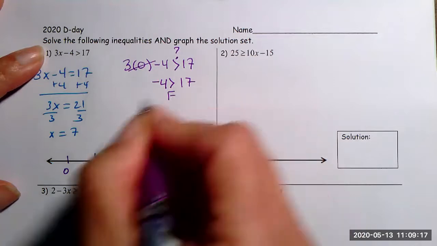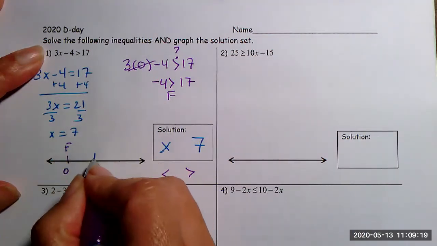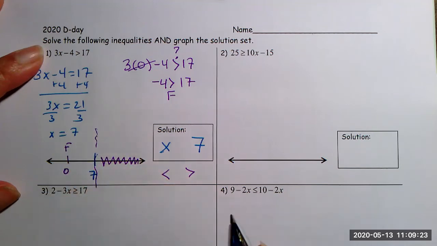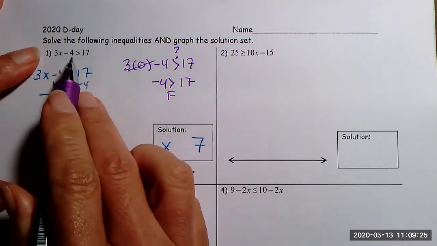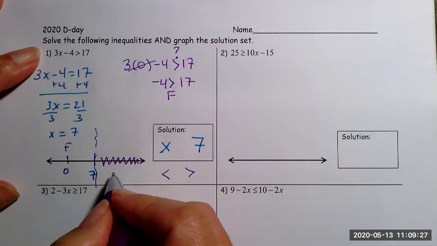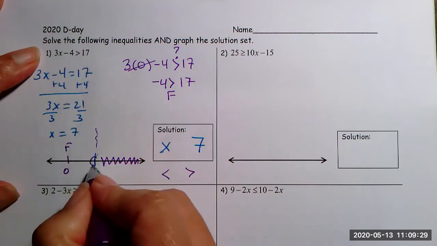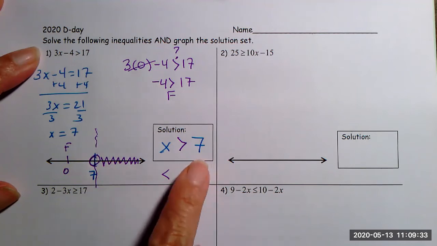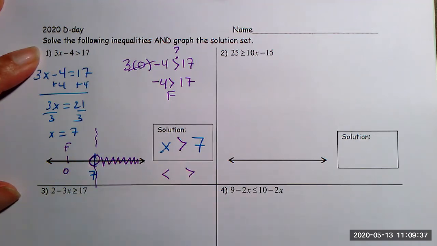No, it is not. That's false. So we write false here, and it gets shaded on this side because this is, remember, my dividing line. All right, and this was an open dot. So it's going to look like that. So now I have a picture to go along with my inequality.